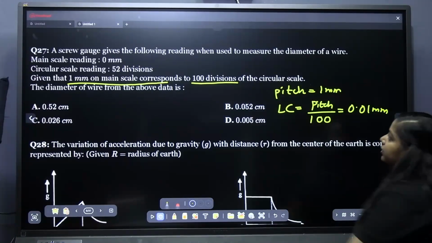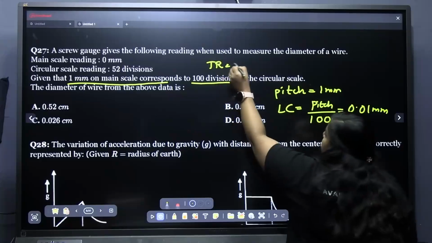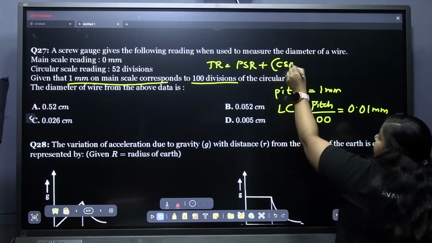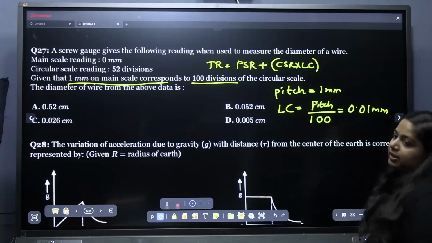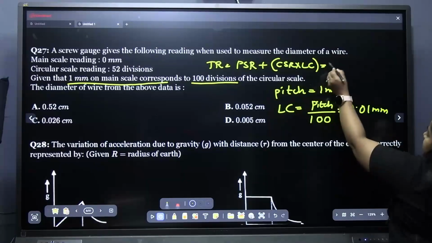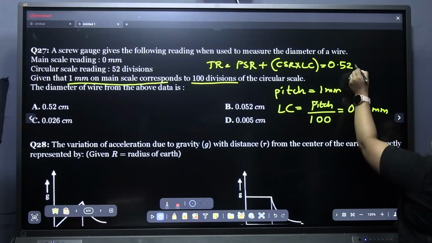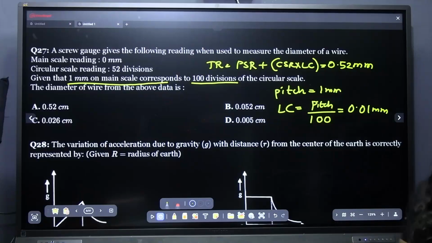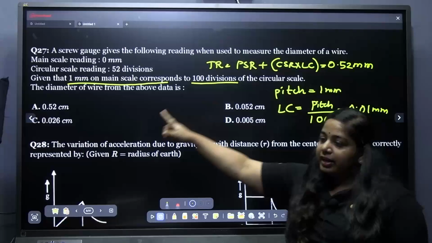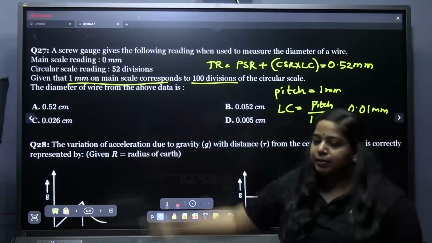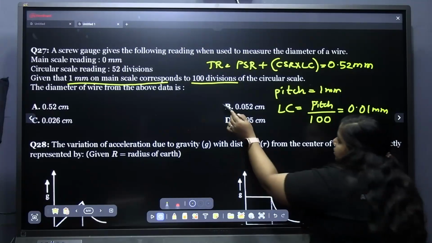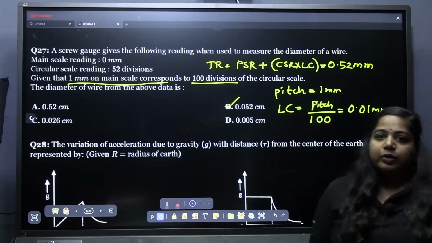Then total reading is equal to main scale reading plus circular scale reading into LC. So 0 plus 52 into 0.01 gives 0.52 millimeter. Be very careful about units. We are getting it in millimeter. The options are in centimeter, so we multiply by 10 to the power minus 1. So the answer is option B, 0.052 centimeter.